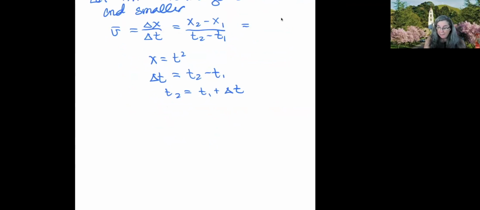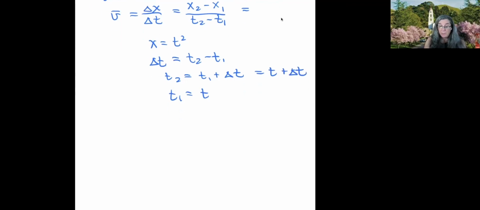When I plug it into the x, I'm going to use a little bit of shorthand and drop the subscripts. I'm just going to let t1 equal t, and this becomes t plus delta t, so I don't have to drag around an extra subscript in the bunch of algebra I'm about to do.